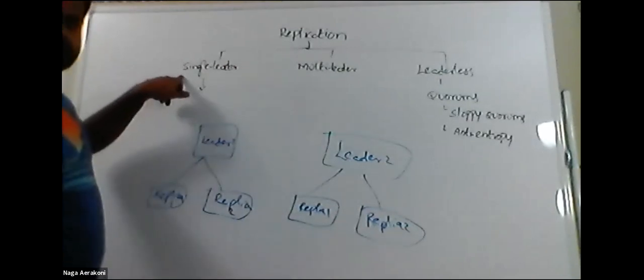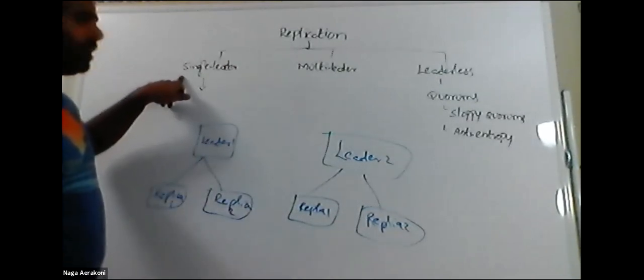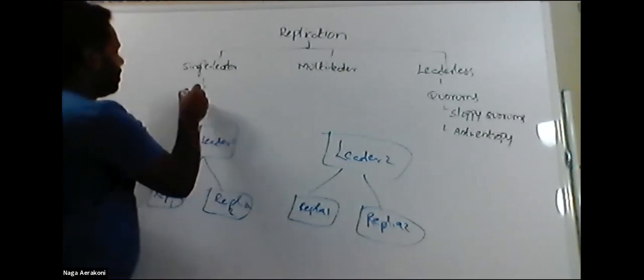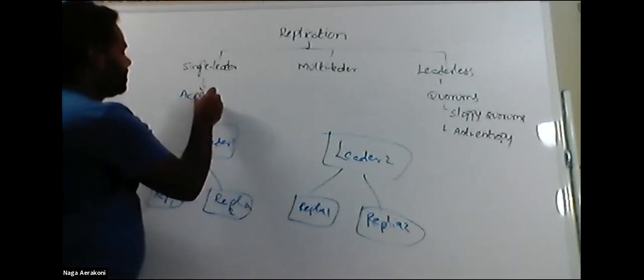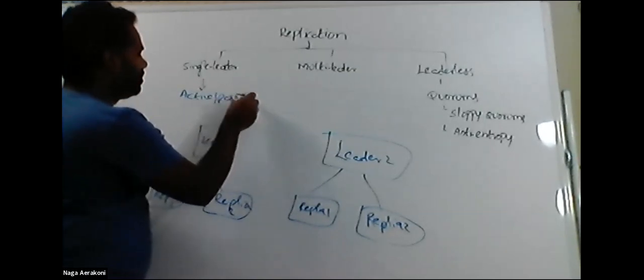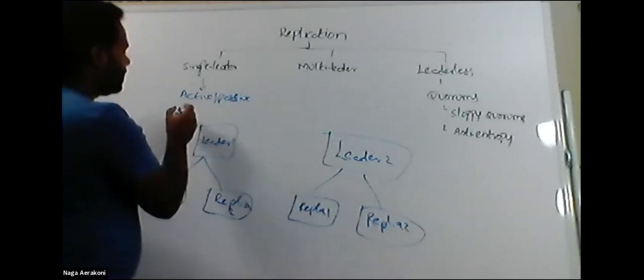Single leader replication is also called active passive, or master slave.